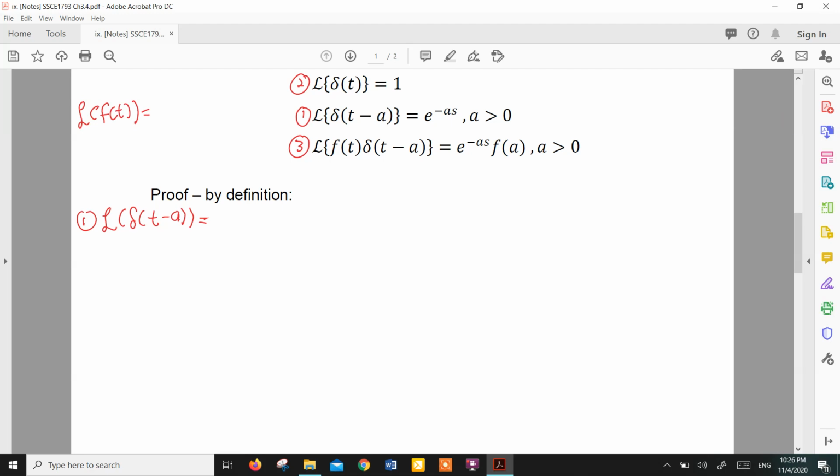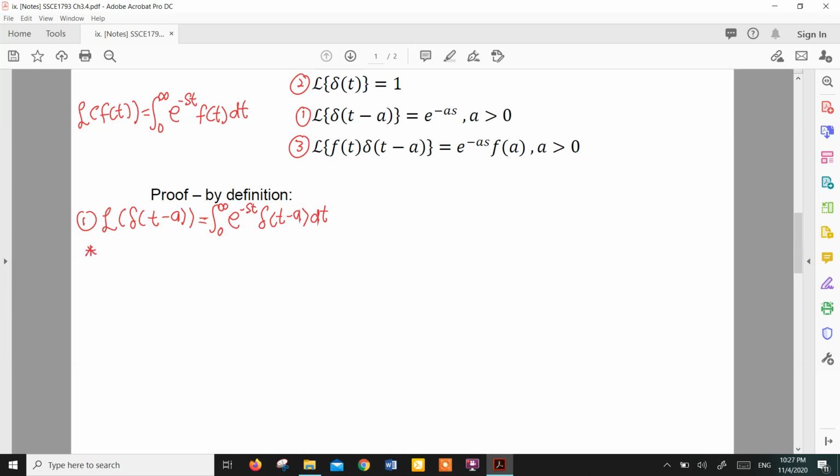The Laplace transform of f(t) is equal to the improper integral from 0 to infinity of e to the negative st f(t) dt, right? So you have e negative st here. The same goes with this one: you will have the improper integral from 0 to infinity of e negative st delta(t minus a) dt.